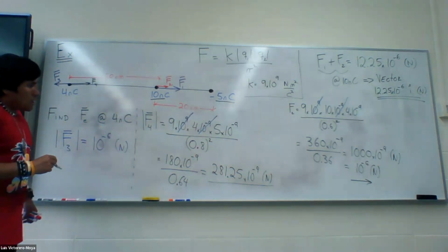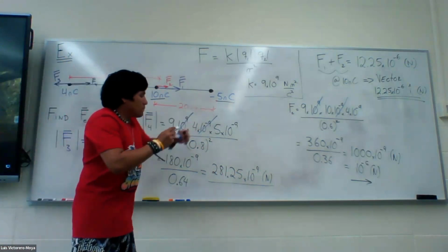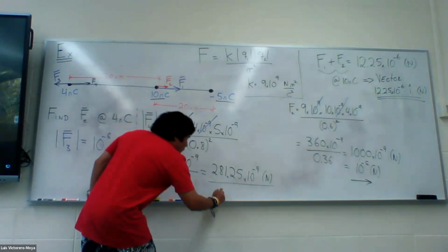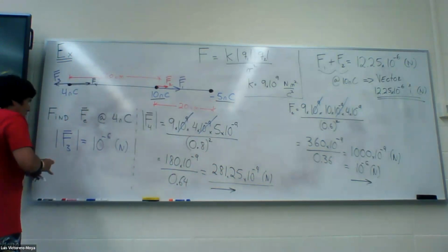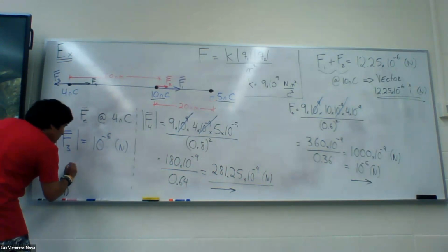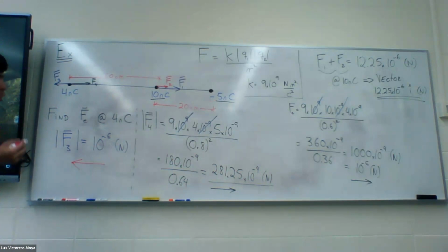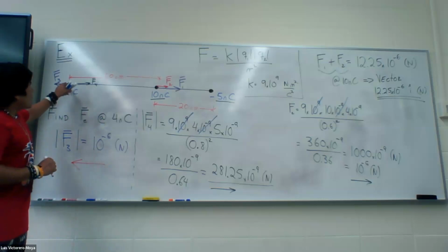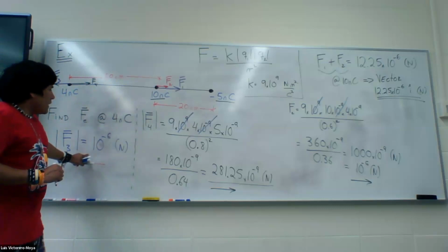That's my force between this and that. But F4 is going to the right. F3 is going to the left. So we need to subtract the values between these ones and these ones here. This minus that.